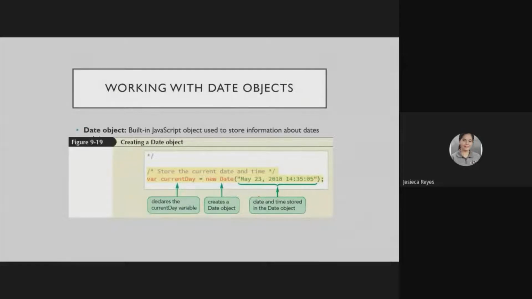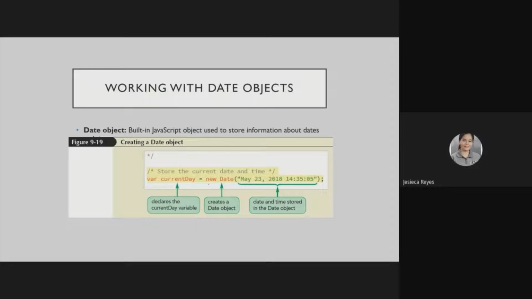So this figure is used by creating a date object. So we have here var currentDay. This currentDay is a variable that will be used to store the current date and time. And we have here is equal to new Date.